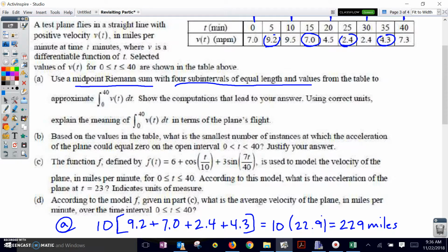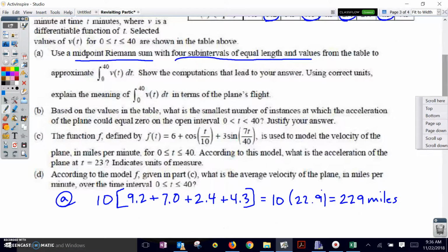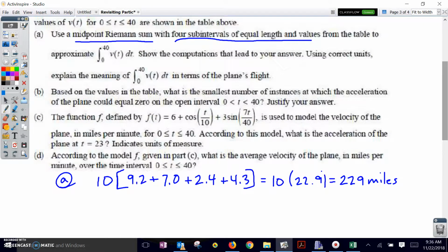Alright, using correct units, explain the meaning of this integral. Well, since it's the integral from 0 to 40 of v of t, and v of t is always positive, this is going to be the distance traveled.